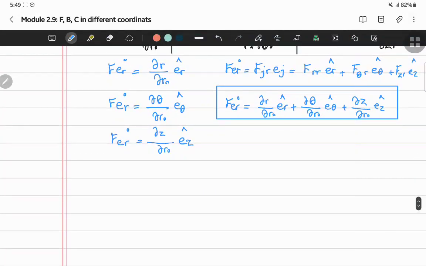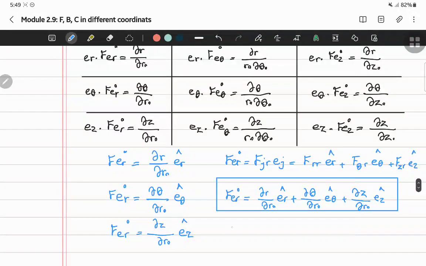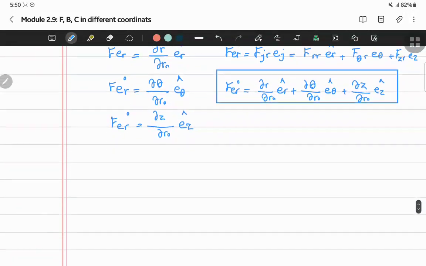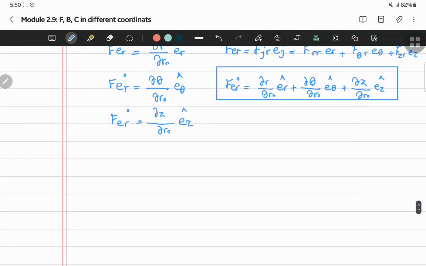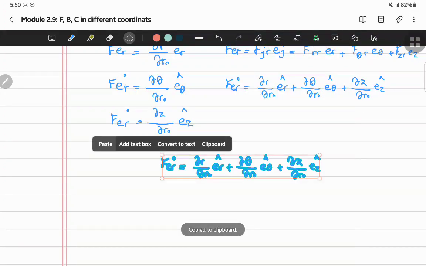So we can do the same and write for e_theta. Maybe I just copy this and paste it here.